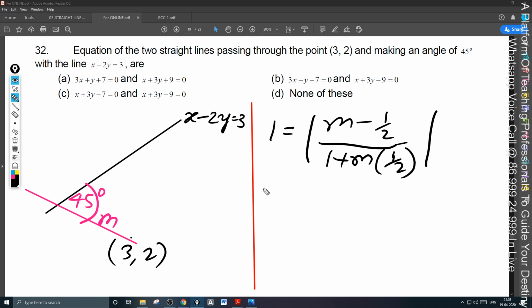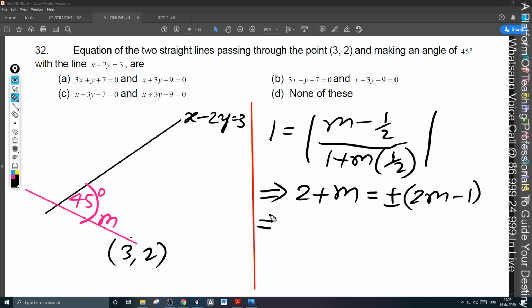Okay, now let us simplify that. 2 plus m is equal to plus or minus (2m minus 1). Take plus: 2m minus m, and minus 1 brought this side, so m is equal to 3, the slope.